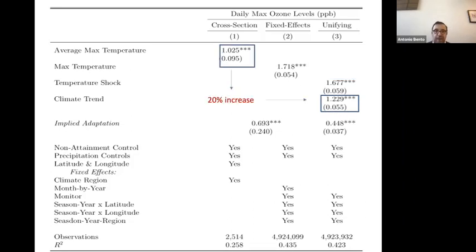But interestingly enough, the effect on climate trend is actually increased by 20%. In the revised version, they are actually not all that different. The point is that if there is omitted variable bias, you can potentially correct that.